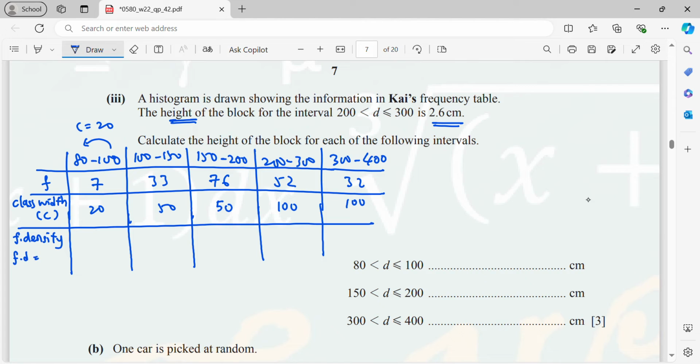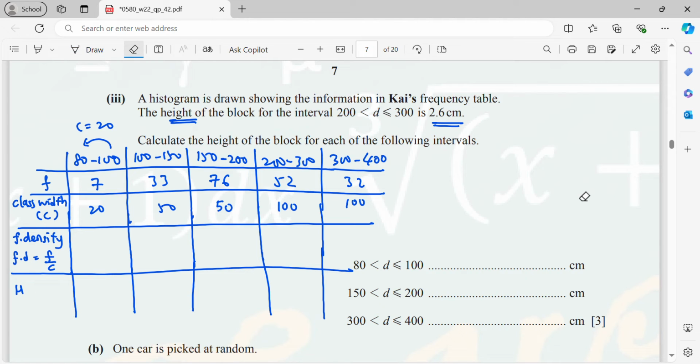So FD equals F over C. So now frequency density means 7 over 20. So you divide here. That is going to be 0.35. 33 over 50, that is 0.66. 76 over 50, that is 1.52. 52 over 100, 0.52. 32 over 100, 0.32.